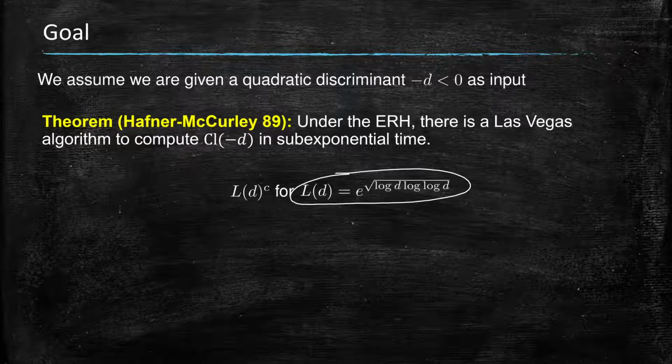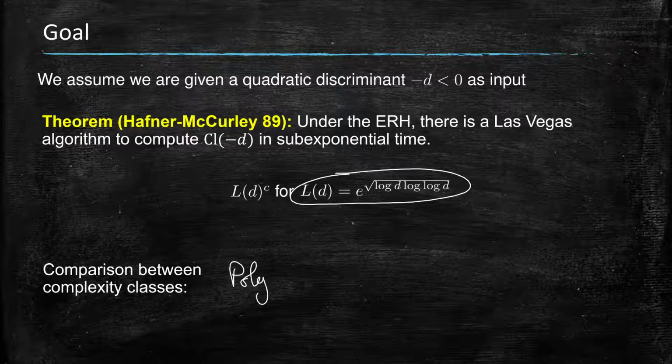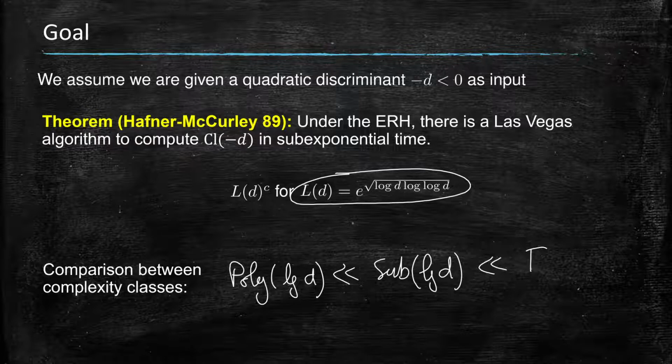What does this mean exactly in terms of orders of magnitude? What we have is that the polynomial complexity in log delta, log d here, is asymptotically a small o of the subexponential complexity in log d, which itself is a small o of exponential in log d.